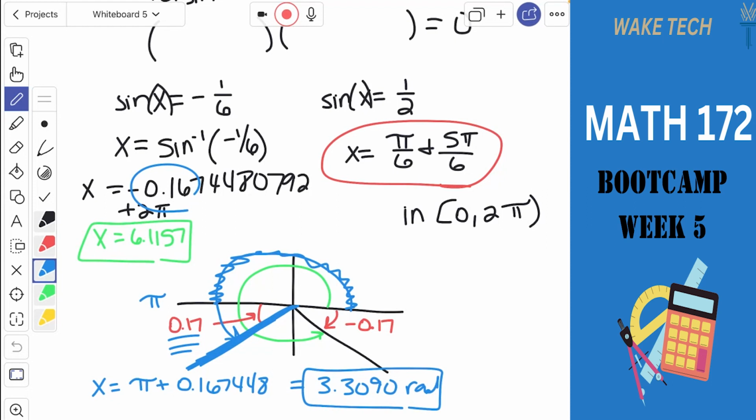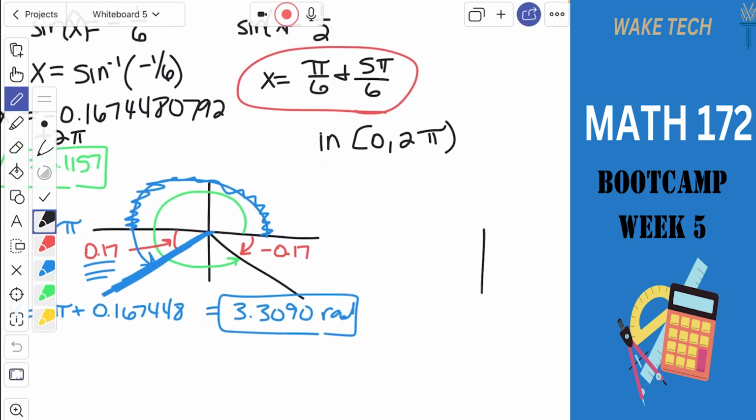A reference angle is the positive acute angle made between the terminal side of your angle and the x-axis. So if we're in quadrant 3, this is a reference angle, and it's got to be positive. Reference angles are never stated as negative. It came from the negative 0.167, but what the negative told us originally was that this negative angle actually is a solution.